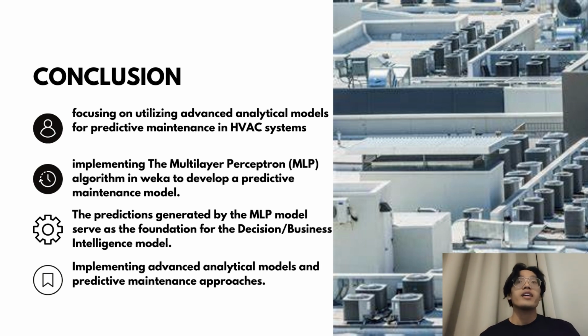Focusing on utilizing advanced analytical models for predictive maintenance in HVAC systems allows us to proactively identify and address faults and inefficiencies, preventing major failures and ensuring smooth operation. By implementing the multi-layer perceptron algorithm in WEKA to develop a predictive maintenance model, the prediction generated by the MLP model serves as a foundation for the decision business intelligence model.